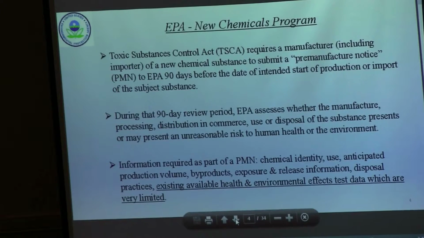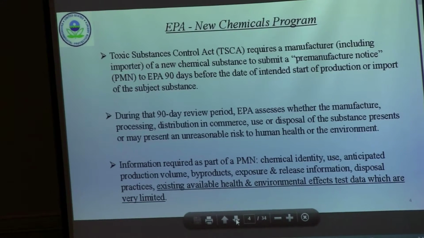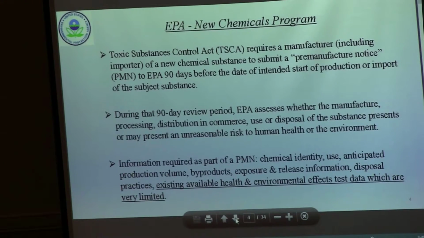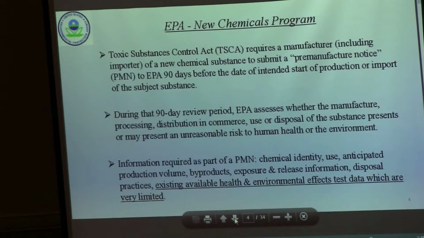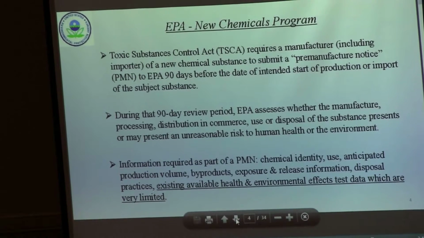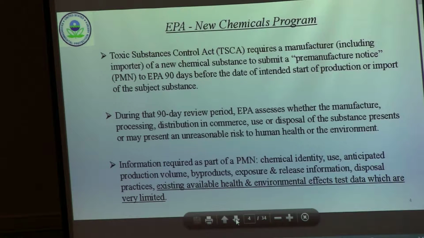In the new chemicals program of the EPA, the U.S. Environmental Protection Agency, the Toxic Substances Control Act requires a manufacturer or importer of a new chemical to submit something called a pre-manufacture notification to EPA 90 days before they intend to manufacture, market, or import this substance.